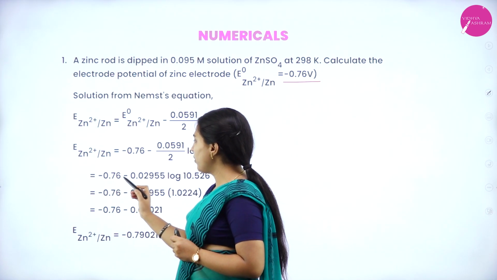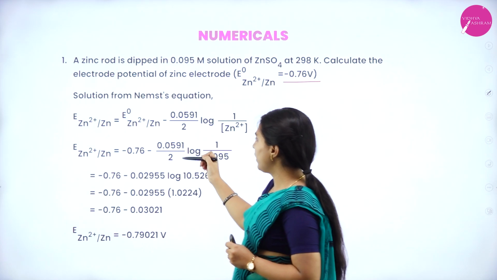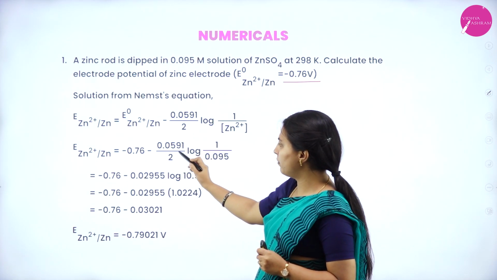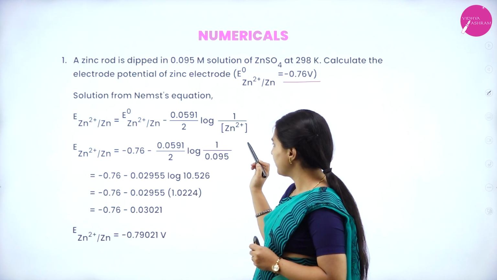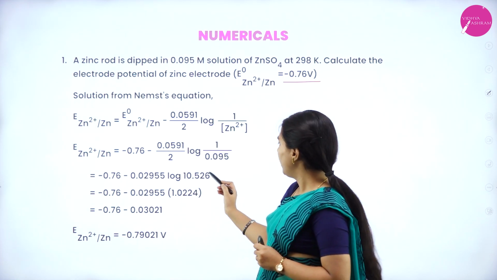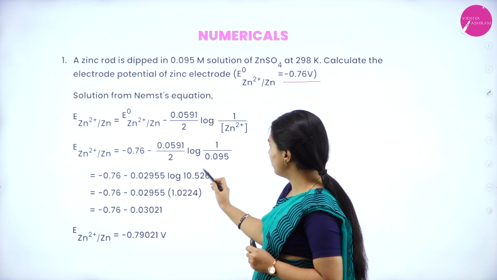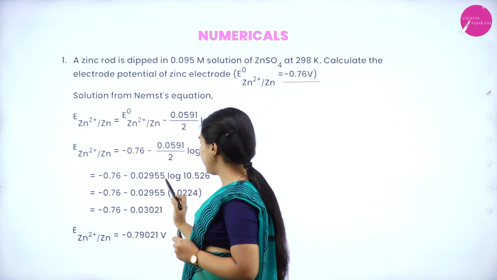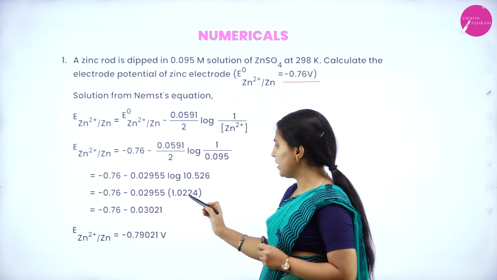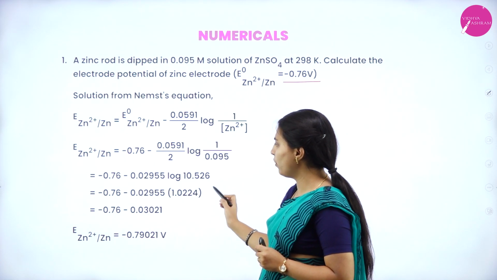Here, minus 0.76 minus 0.0591 divided by 2, into log of 1 by 0.095. Here 1 by 0.095 is 10.526, and log of 10.526 is 1.0224.